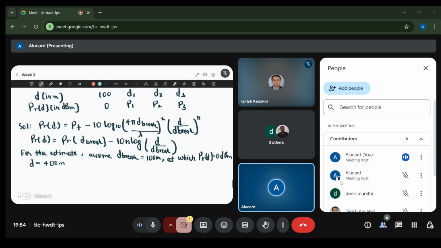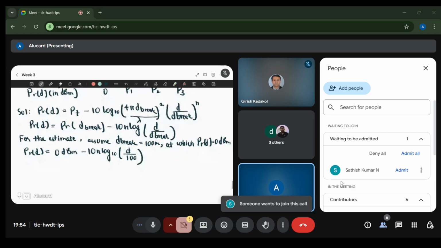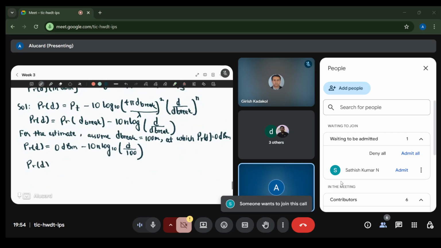And then substitute: if you assume that is the D break, your PR of D will become 0 dBm minus 10n log of D by 100.